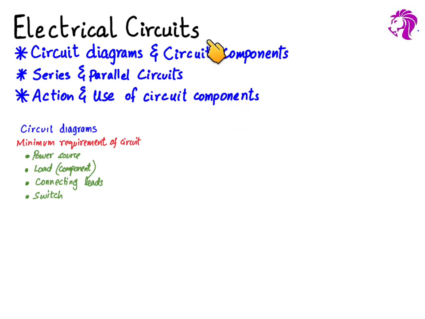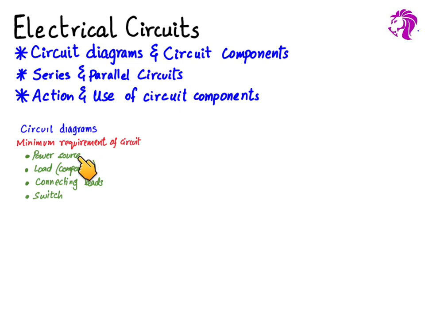So whenever we talk about electric circuits, you make circuit diagrams, and the minimum requirement for any electric circuit is what? You need a power supply, a load, a connecting lead. Power supply, load, connecting lead. If you don't have a power supply, then the circuit is of no use because you have no current flowing in it.